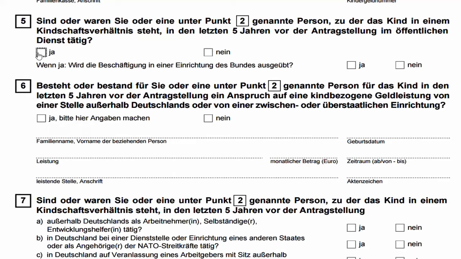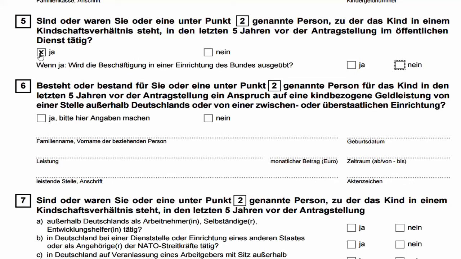If it is not the case, you mark no with a cross. If so, is the employment carried out in a federal institution or not? If it has been carried out in a federal institution, you mark yes with a cross. If it has not been the case, you mark no with a cross.